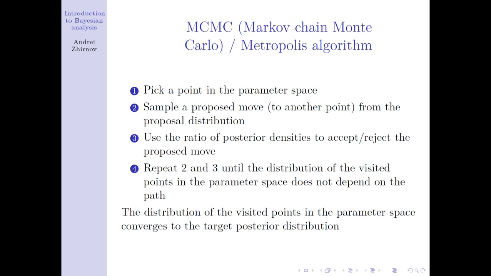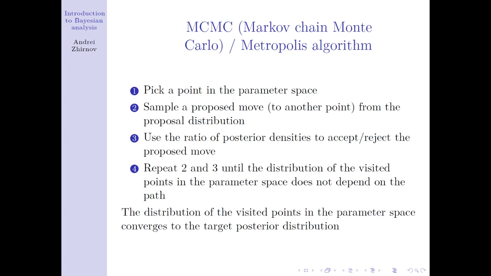The computer, the sampler, repeats that operation many times, and at some point the distribution of the points in the parameter space visited by the sampler is no longer dependent on the initial values, the points where we started our journey.